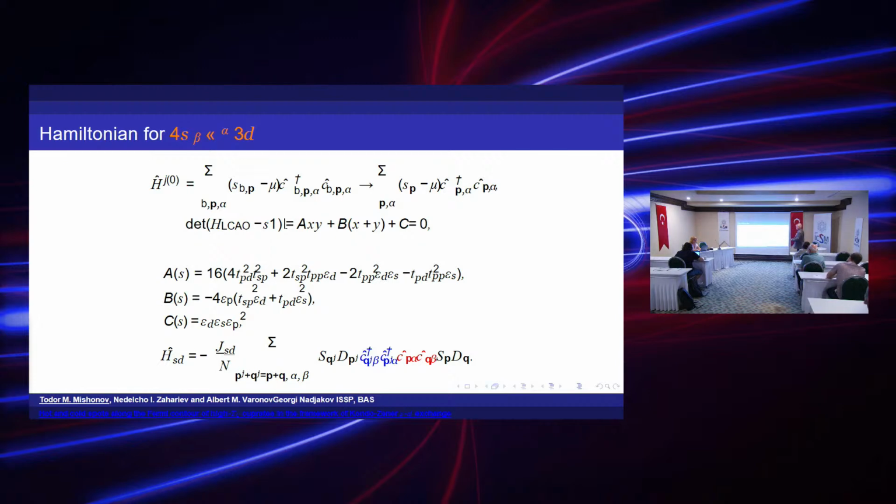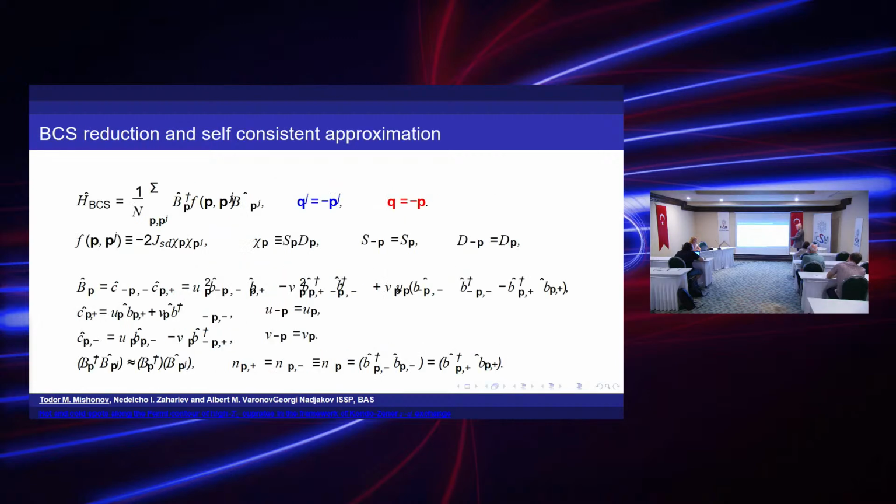Formulas cannot be read in this representation. If we have the standard BCS reduction, made actually by Bogolyubov, we derive a BCS pairing kernel which is factorized by a function of different wave vectors.